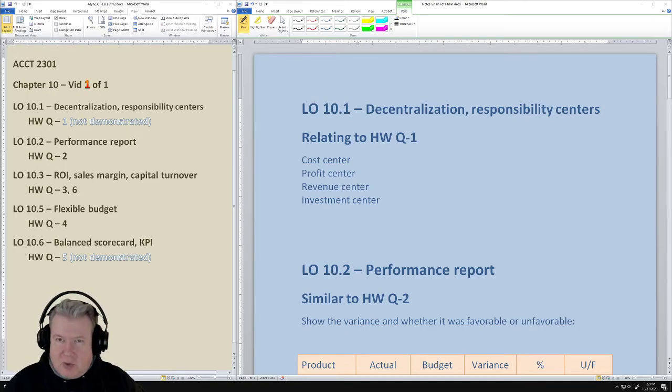Who's responsible for it? How do you assign responsibility? Who's accountable? What departments? And so because of that, this chapter focuses on just the reporting and the understanding of how you would assign the results of any operation to different people.